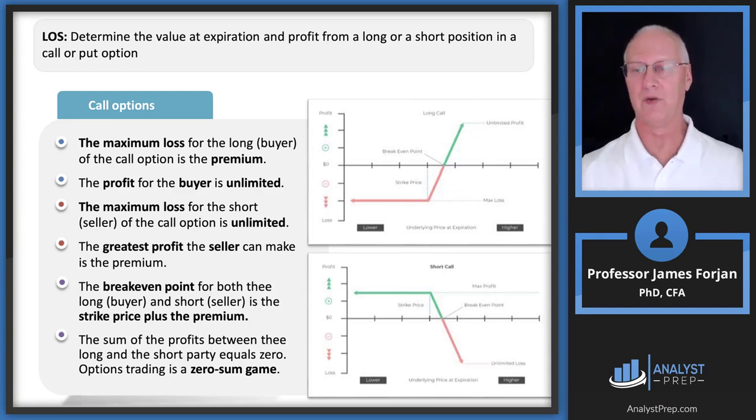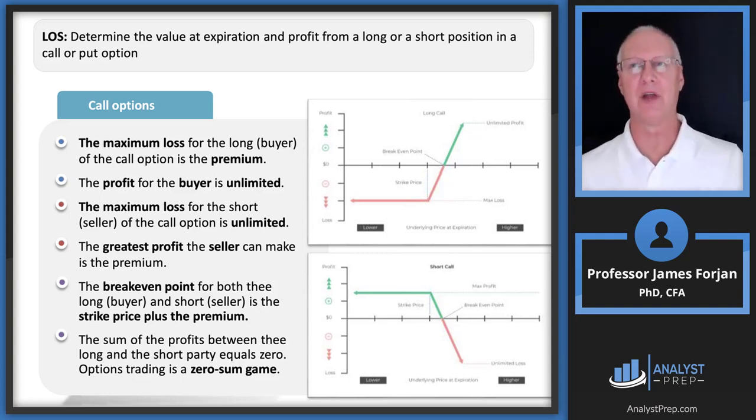So there's the graph underneath, right? If you write the call option, if you sell the call option and the price goes up, that means that you can lose an infinite amount of money, or an unlimited amount. Now, when I write the option, what am I hoping? Let's go back to my example where we had a $100 stock price, $100 exercise price, and let's suppose that the call premium was $5.